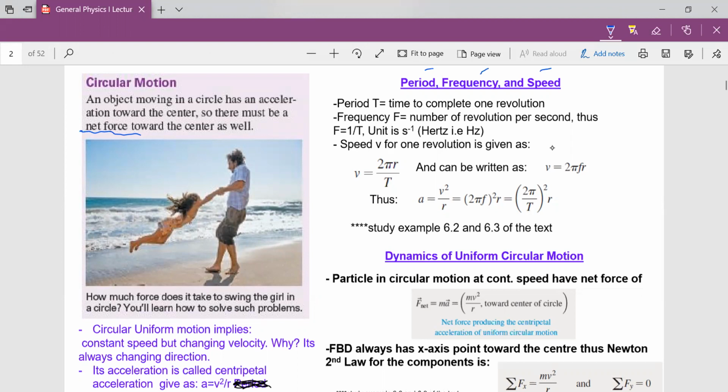That is the time it takes to go around the complete circle. While the frequency, with the symbol f, is the number of revolutions per second, okay? How many times can we go around the circle in 1 second?